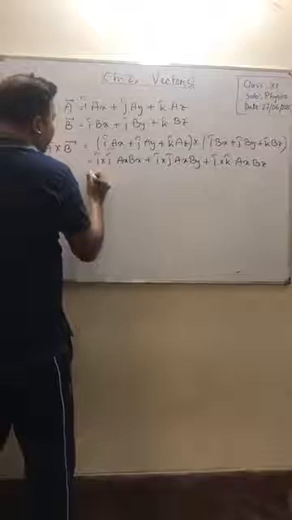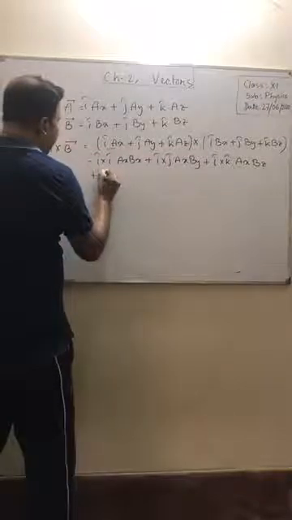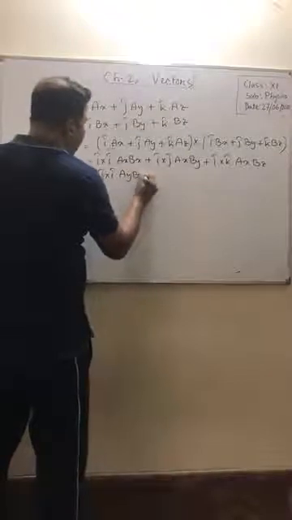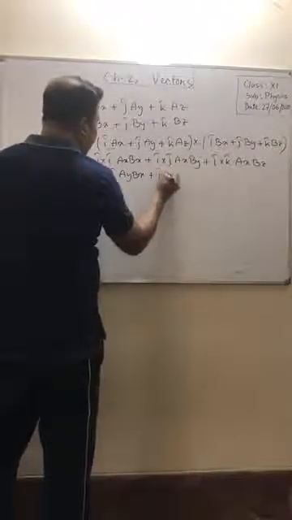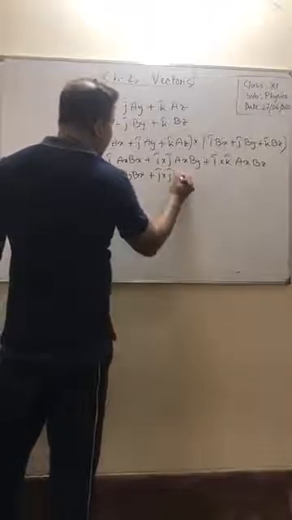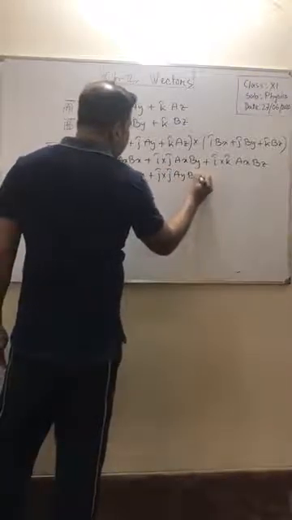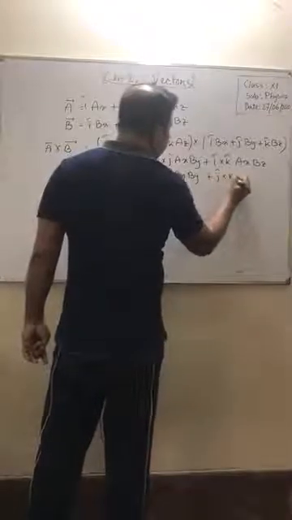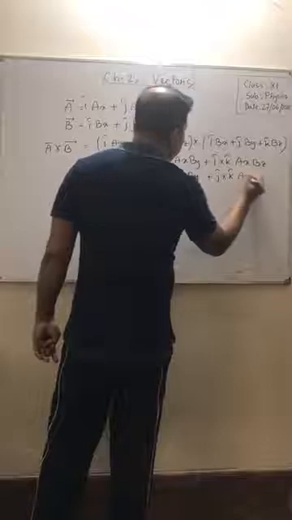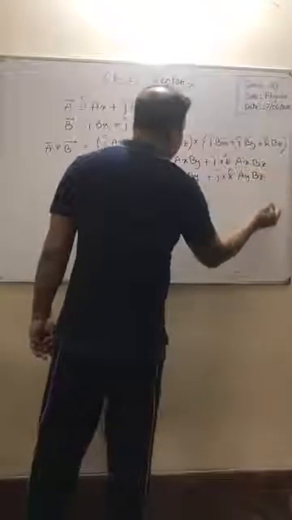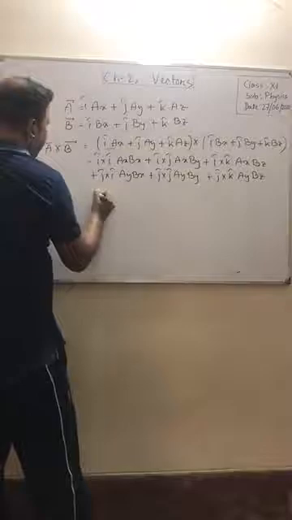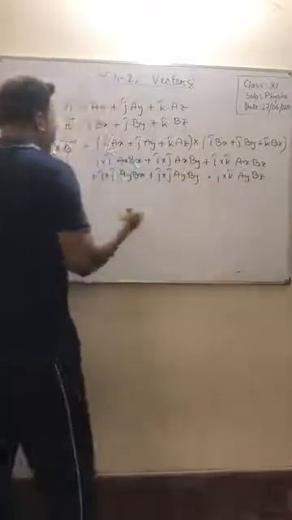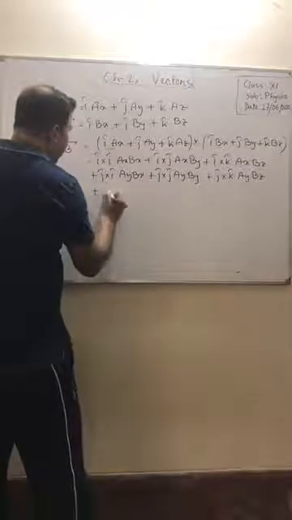Okay, plus j. This is finished. Now k Az we multiply in these three, k cross i.